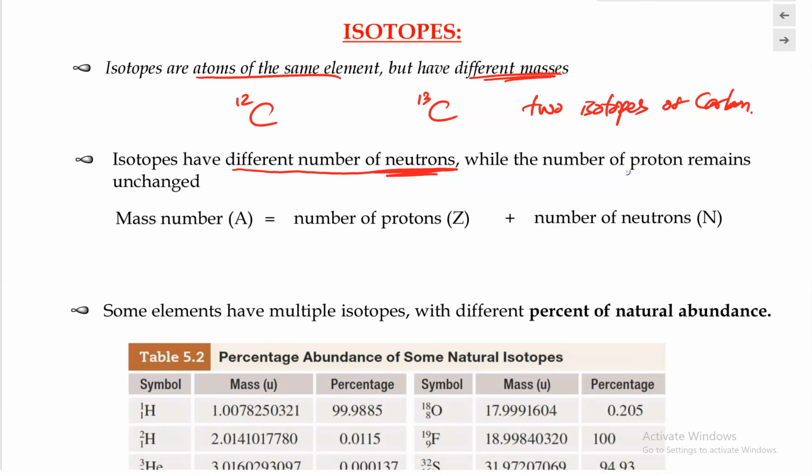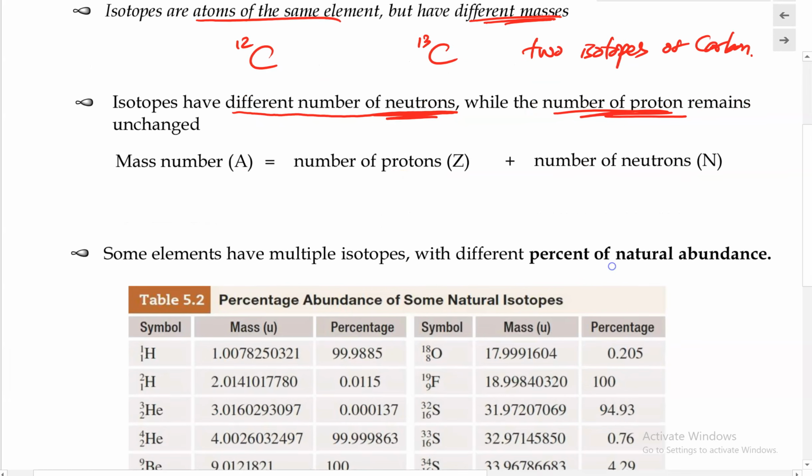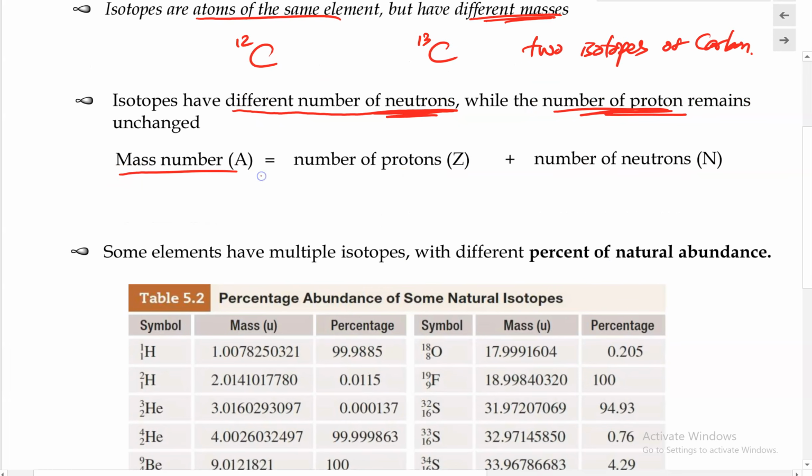And we also have to realize that the number of protons must remain the same in order for them to be isotopes, right? Because if they had a different number of protons, then they would no longer be the same element. And going back here, we can see that the mass number is equal to the number Z plus the number N. So in this case, the number of protons is the same for the different isotopes.